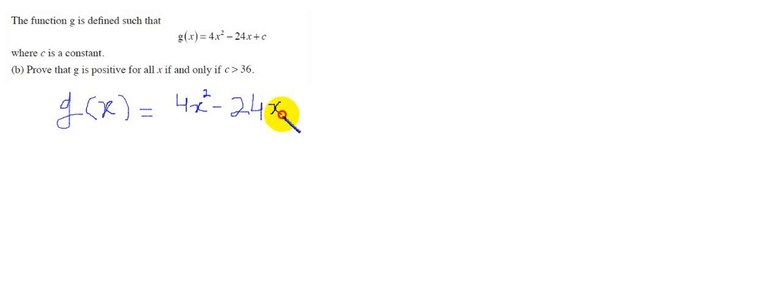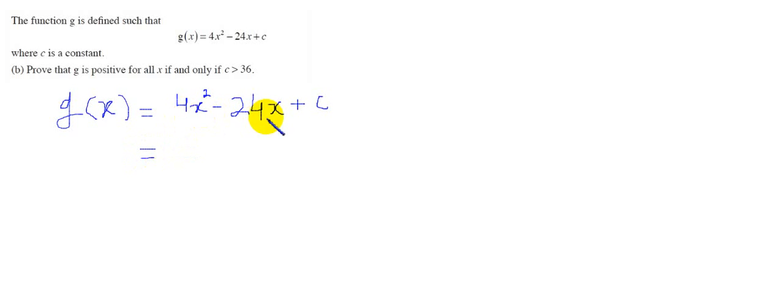Whenever you are trying to prove something, first try this: just try to factorize it, simplify it, or do something with it, then you can conclude something from it. So that's what I'm doing now. I'm going to factorize it.